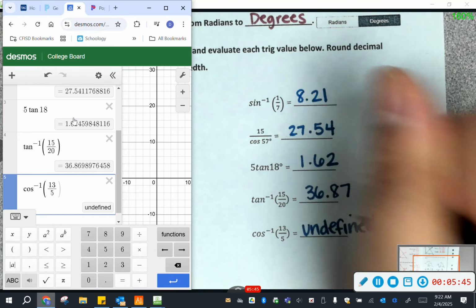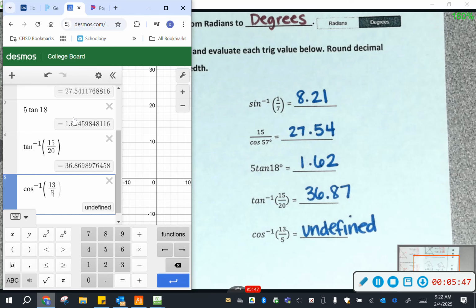If you get undefined, you can just write the word undefined. There's nothing wrong with that. That is an answer.